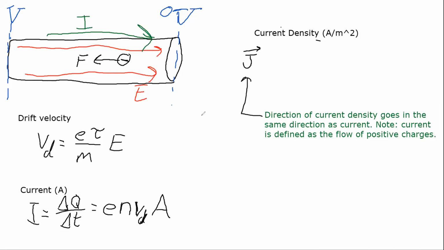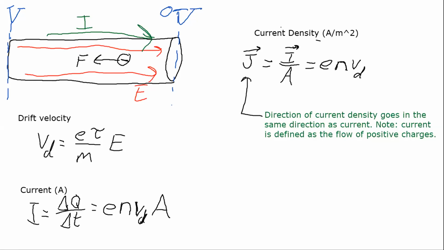Current density is in the same direction as current, and current density is defined as your current over A. So current divided by area, and if we look at the bottom left side of your screen, we defined current as E N V_D A, so this becomes E, the fundamental unit of charge, times N times V_D. So that is current density.